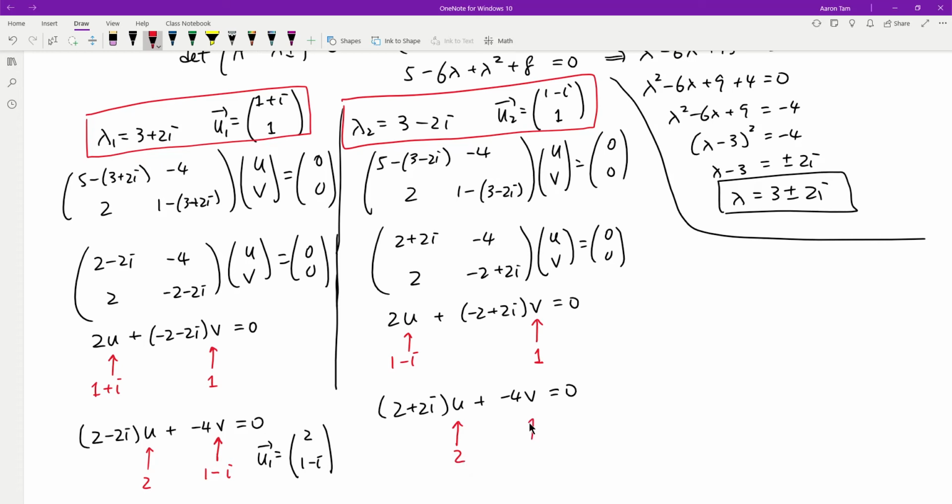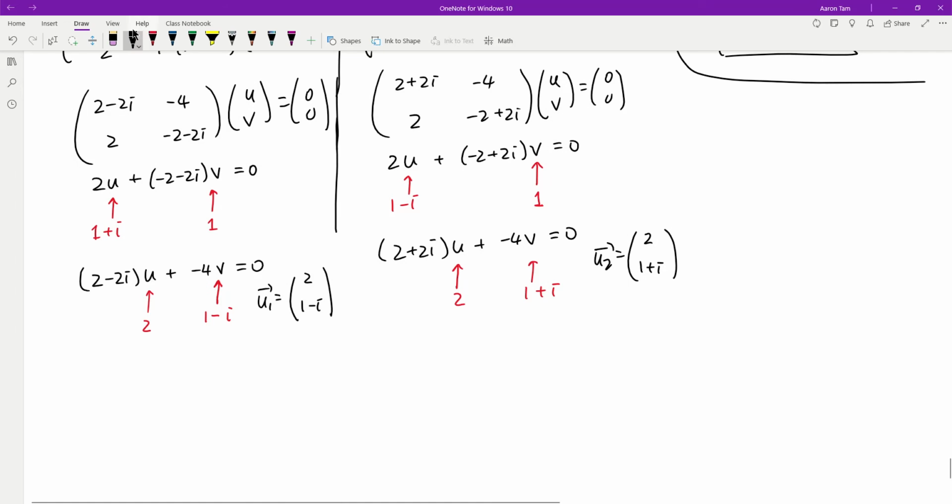And so this, I'm going to do 1 plus i, because then that will become 4 plus 4i plus negative 4 minus 4i, so that would give you 0. So therefore my vector u2 would actually equal 2, 1 plus i. And if you multiply the vector that we got on the top by 1 plus i, top and bottom, that's what you're going to get, vector u2. So up to you which one you want to use. I'm just going to go with the u2 that I boxed in up here.